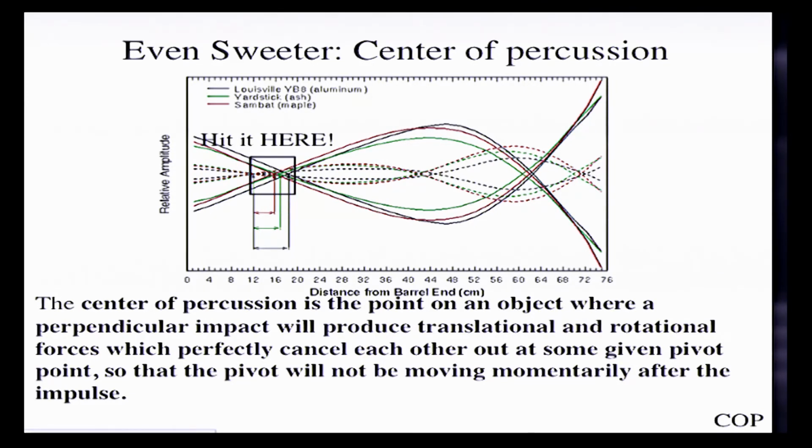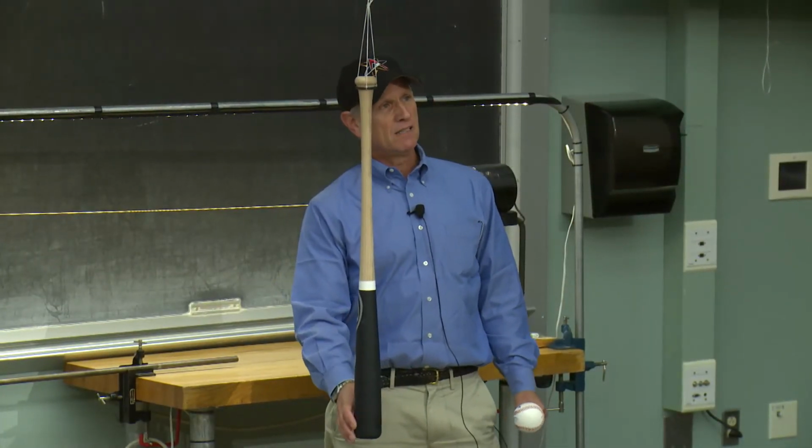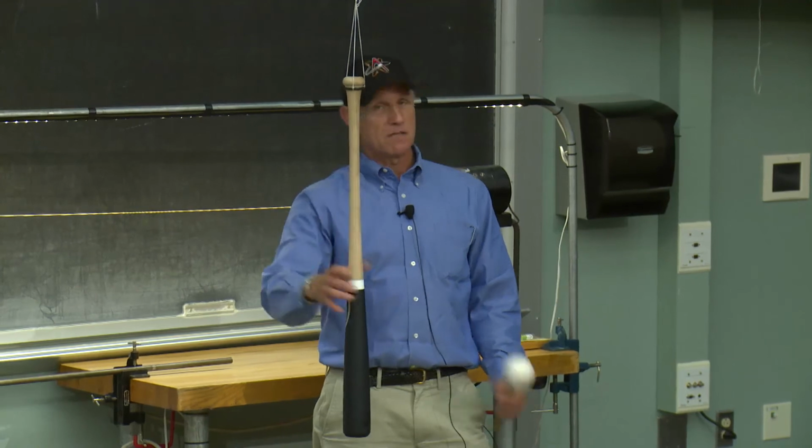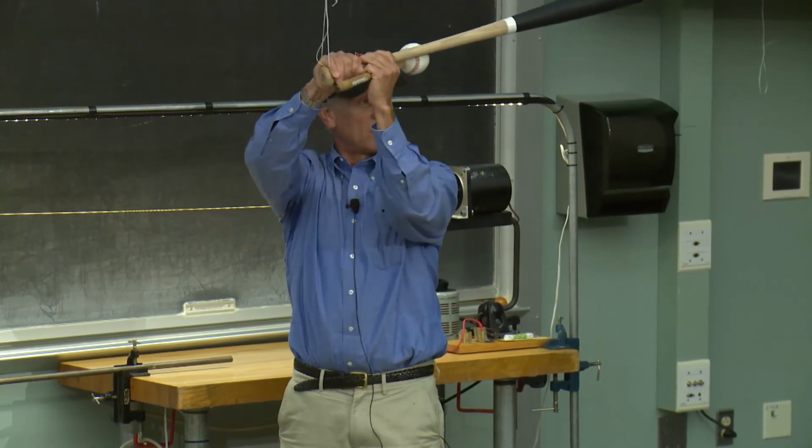Okay, so the last point of the bat-ball collision that I want to make is what we call the center of percussion. And this is something that mechanical engineers learn about, and we teach in some of our physics classes and things like that. So this also tells us that if you hit a bat in various places along the line of the bat, and it's being held here, okay, there's a pivot point, right?